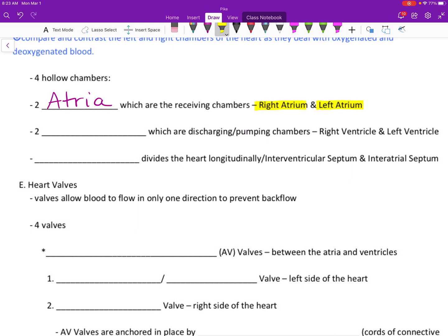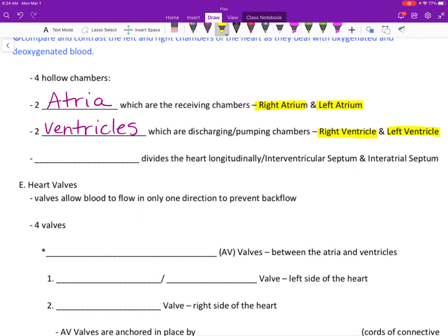Atria is plural, atrium is singular. Then the inferior chambers of the heart are called the ventricles, of which we have a right ventricle and a left ventricle. And remember, right and left are backwards on paper, so when we label them, they're going to be backwards. The atria are the receiving chambers.